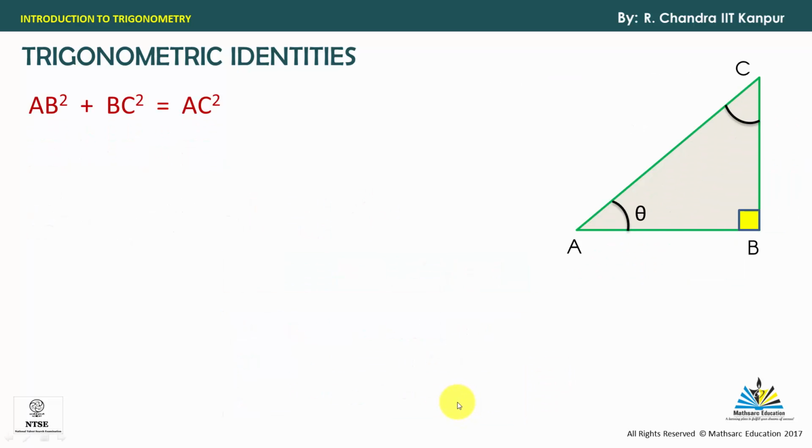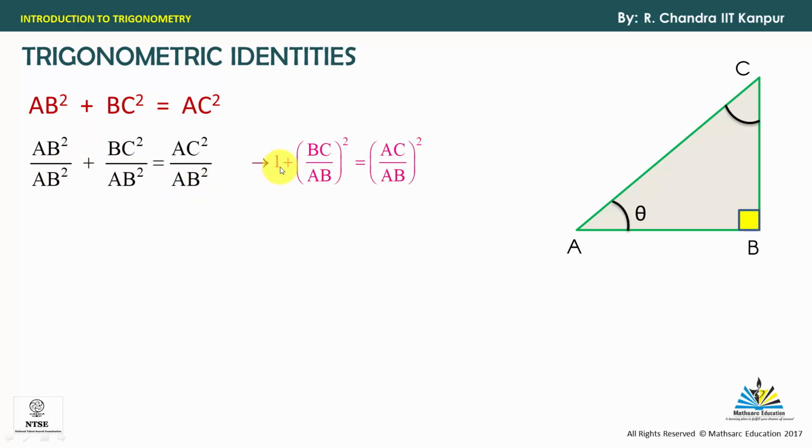Let's have another identity, using the same Pythagoras theorem. AB square plus BC square equal to AC square. Now we divide it by AB square. This implies 1 plus (BC upon AB) whole square is equal to (AC upon AB) whole square.